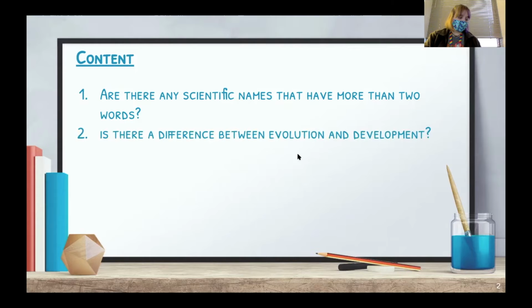This second question, which was kind of a combination of a few questions, was: is there a difference between evolution and development? The answer is yes. There is a really big difference. In evolution, we're looking at changes in the entire group of organisms over time, just changes in that group, whereas in development, we're talking about the growth of the organism.